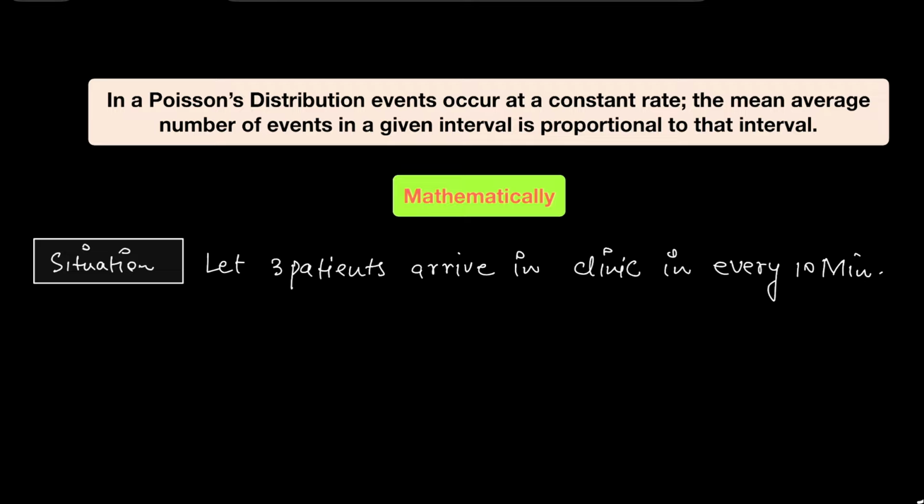Now, if 3 patients are arriving in 10 minutes, then in 1 minute, how many patients are arriving in the clinic? Your answer is going to be 3 over 10 patients. So this is your answer for 1 minute.